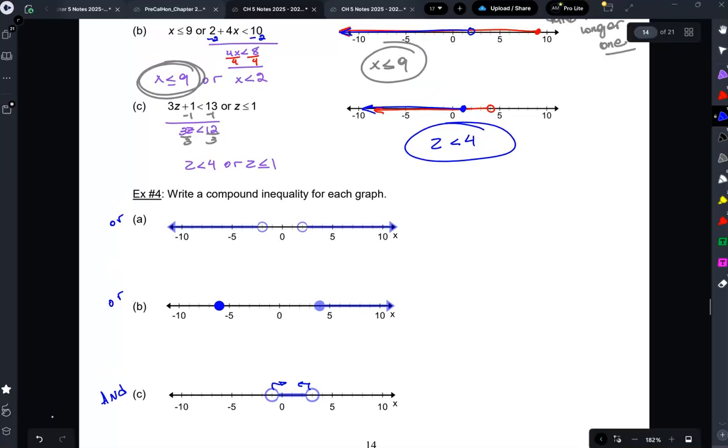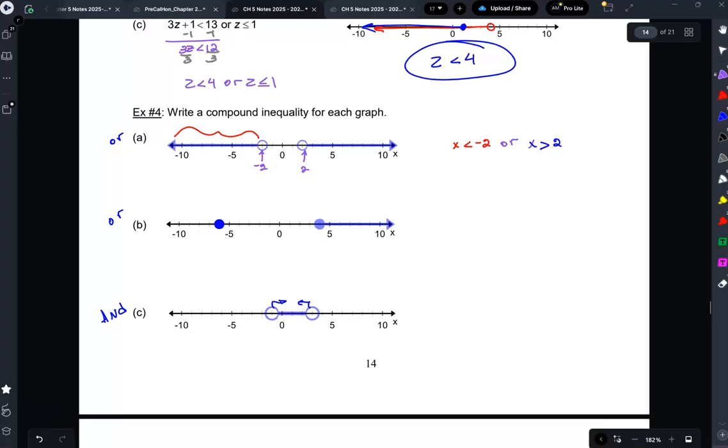So here, let's first write these numbers. So this one is -2 and 2. Right? So how do I write this one? This is x is less than -2 or x is greater than 2. Okay?